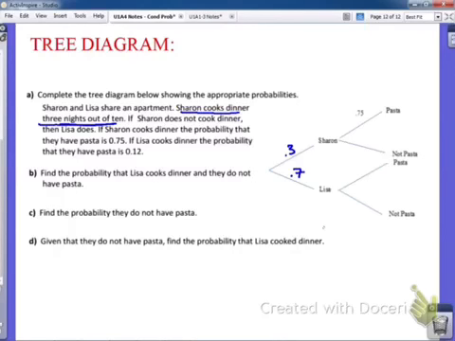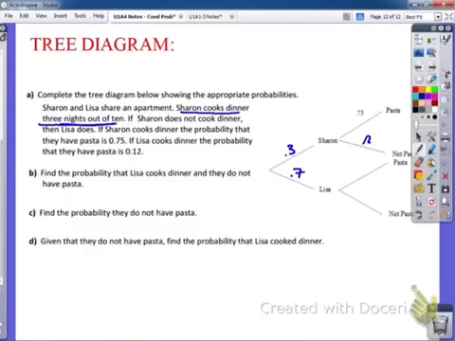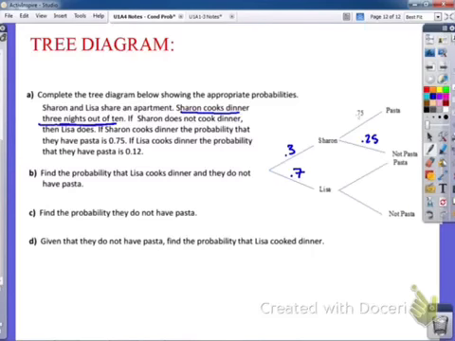Now, if Sharon cooks, the probability they have pasta is 75%. What's the probability that if Sharon is cooking they do not have pasta? 0.25. So this right here is given as 0.75.